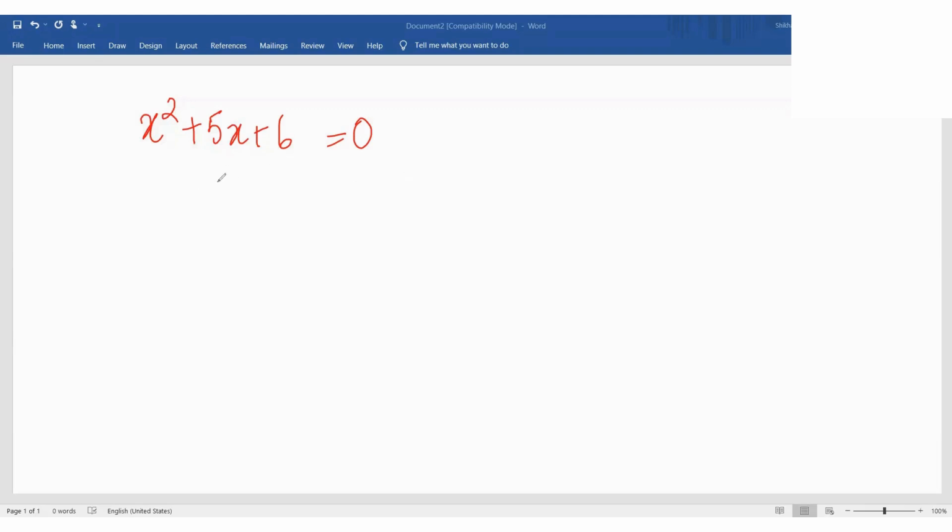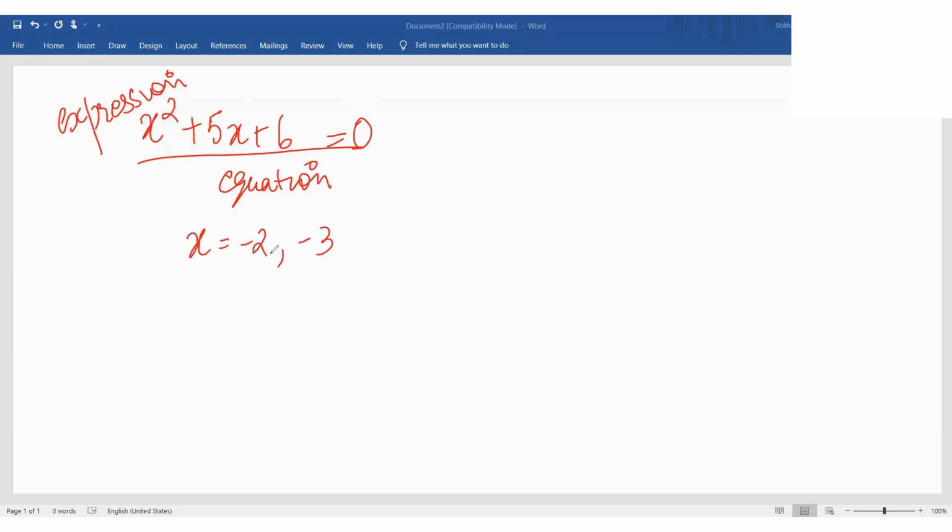Good job. So earlier I had written the expression, because you factorized it. Now it's an equation, just the basic information I'm giving, and you have solved for x: -2 and -3. What do we call this? x-intercept. Very good.